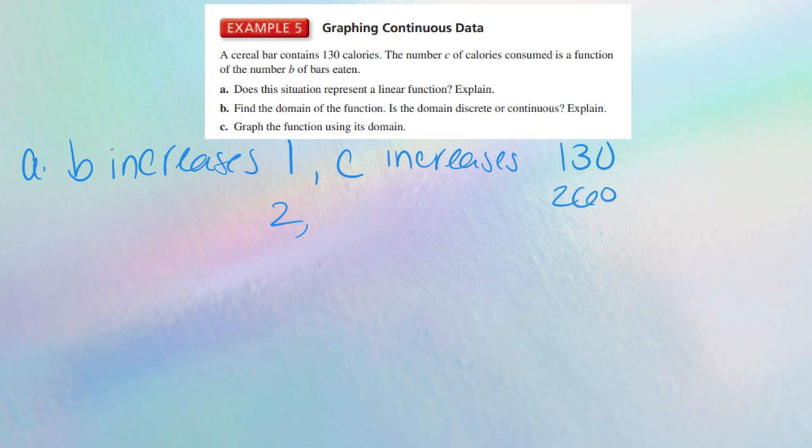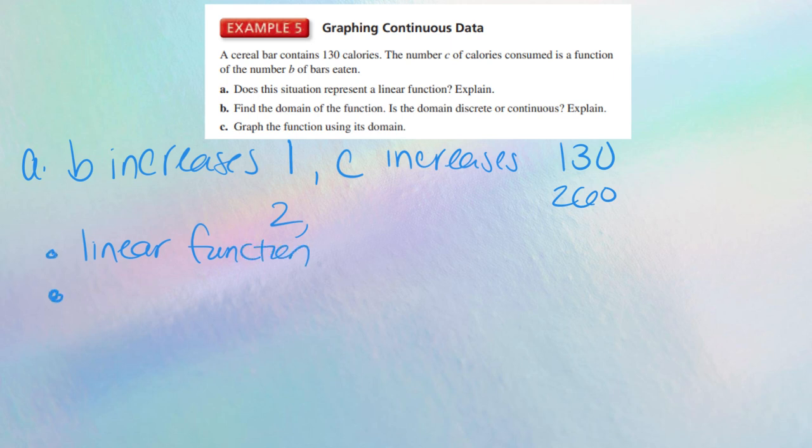Just by this one, can we tell if this is continuous or what? Is it a linear function? It's linear, so we know it's linear.